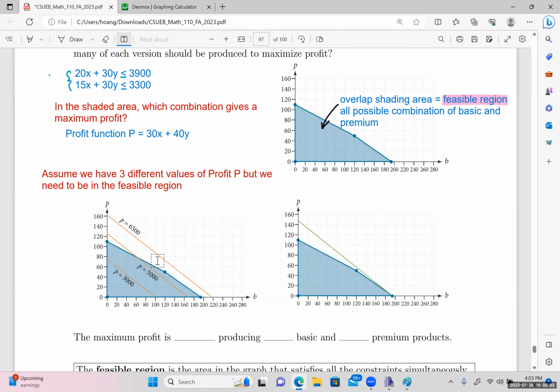The thing here is I want to show you that the line must be inside the feasible region. So that line will be valid for the profit of this company.